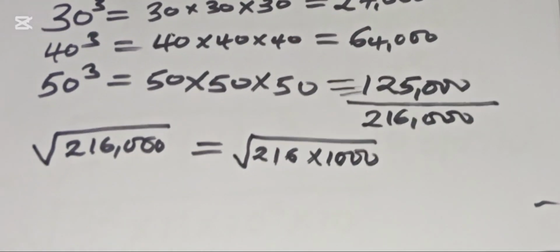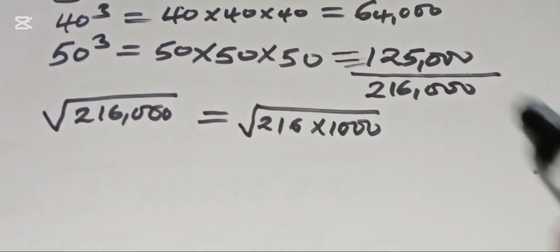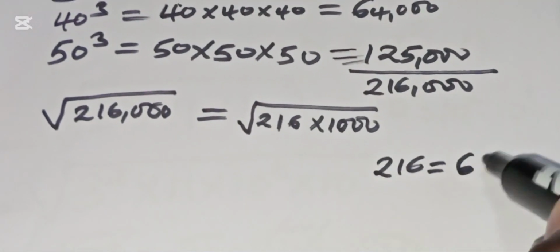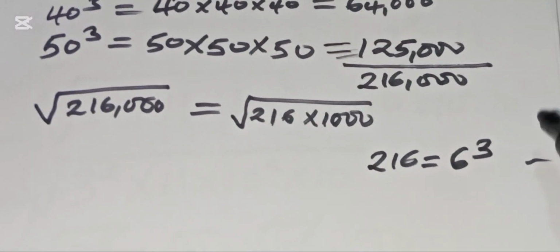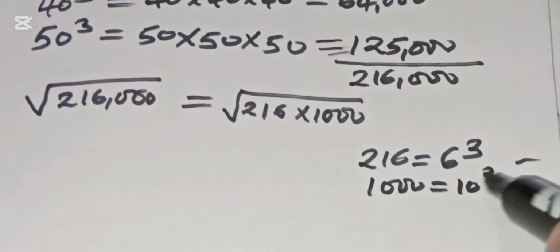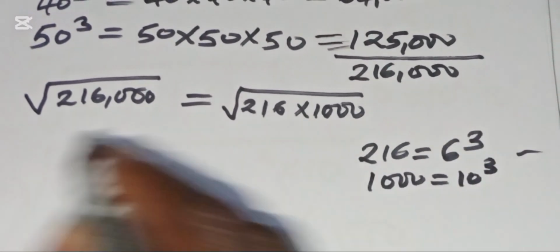Now 216 can be expressed as 6 raised to power 3, and 1,000 can be expressed as 10 raised to power 3. So let's substitute this back into the square root.